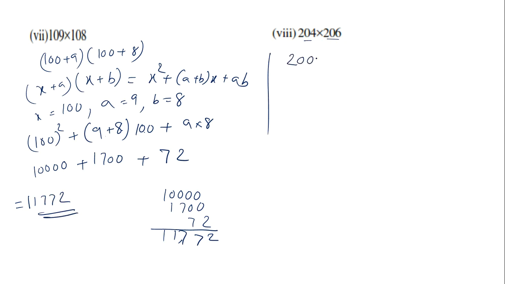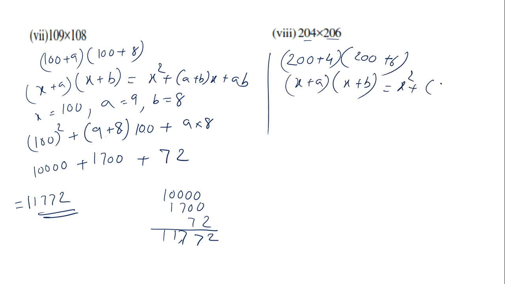Now let's look into this. How can we write this? This is also the same way, 200 plus 4 into 200 plus 6. So this is in the form of x plus a into x plus b, which is equal to x square plus a plus b into x plus a into b. Now what is x? 200. What is a? 4. b is 6.